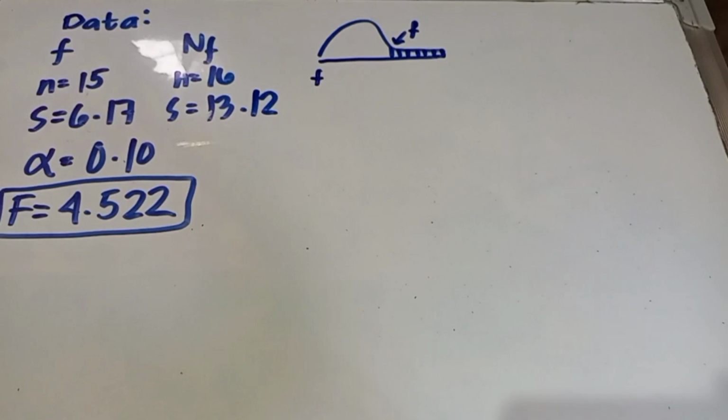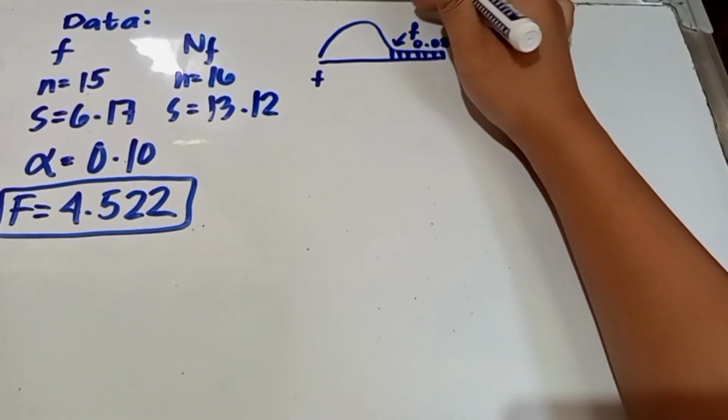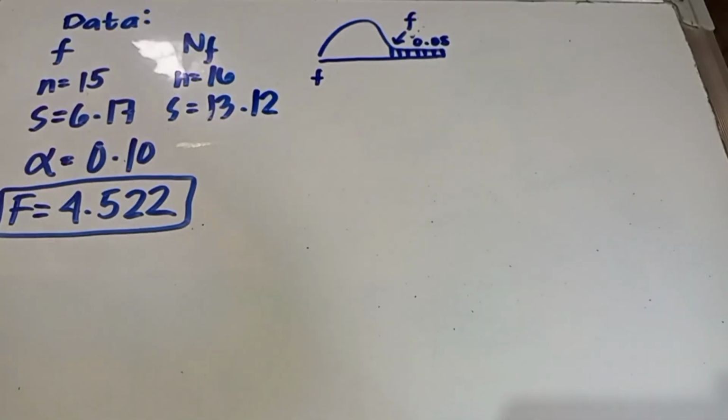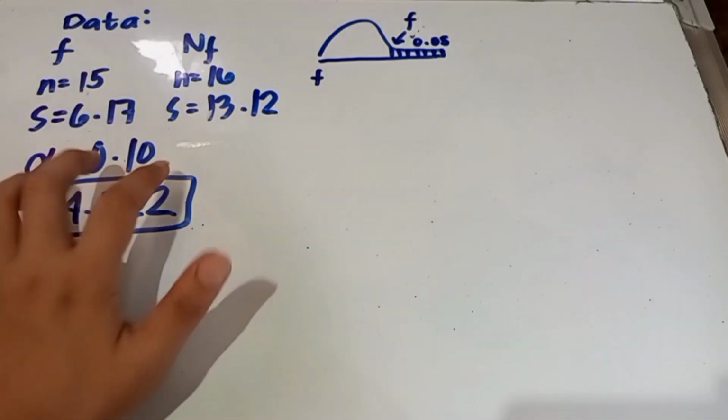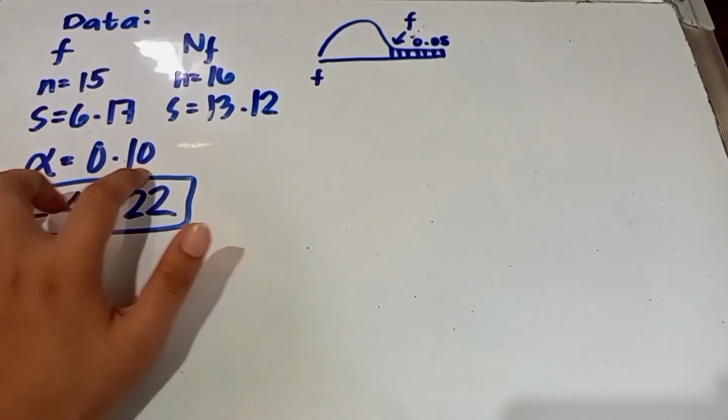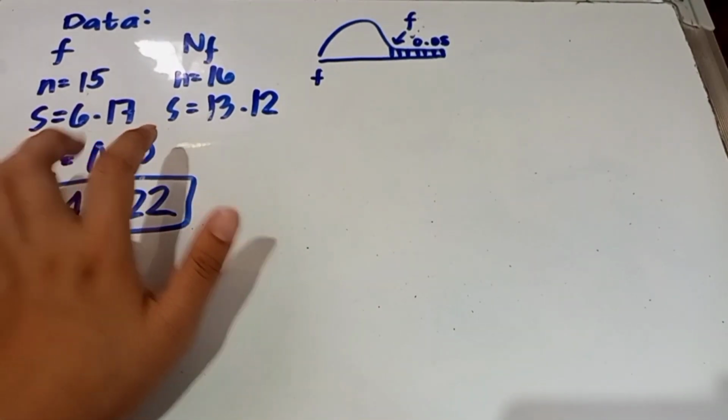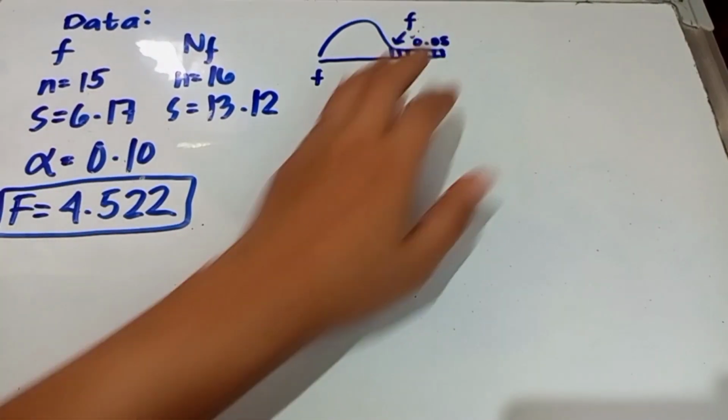So we're going to use 0.05. You only do that when it is a two-tailed test. But if it is a one-tailed test, you just put the alpha, 0.10, in this right tail.